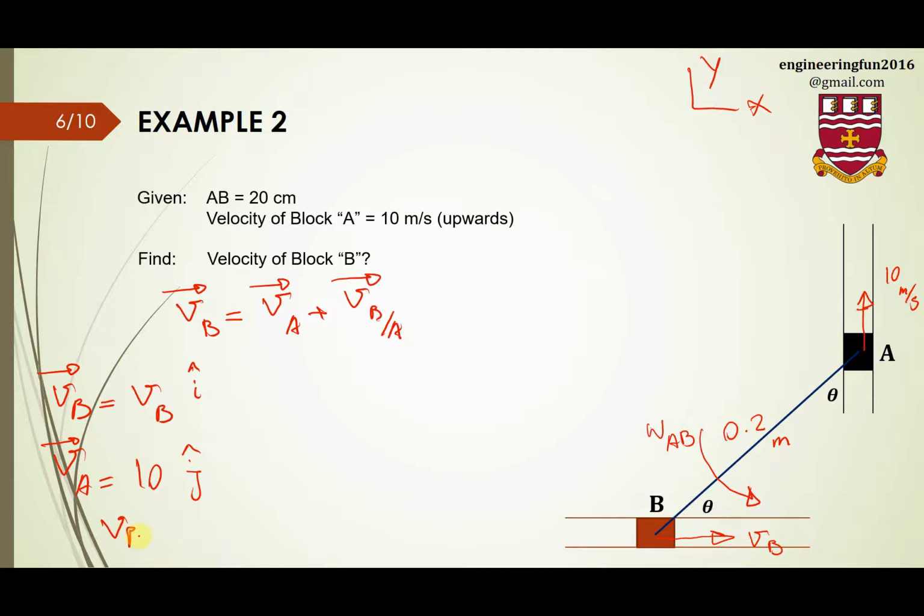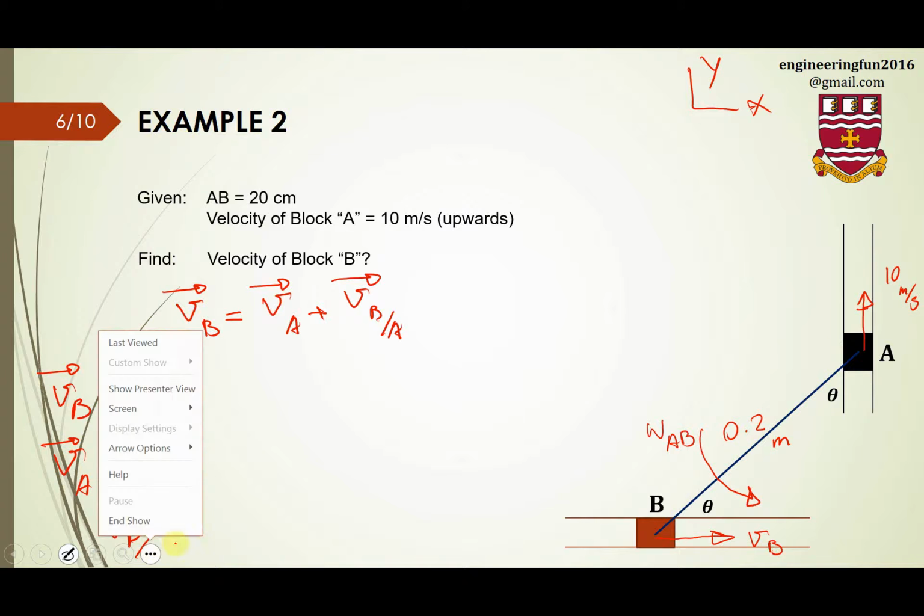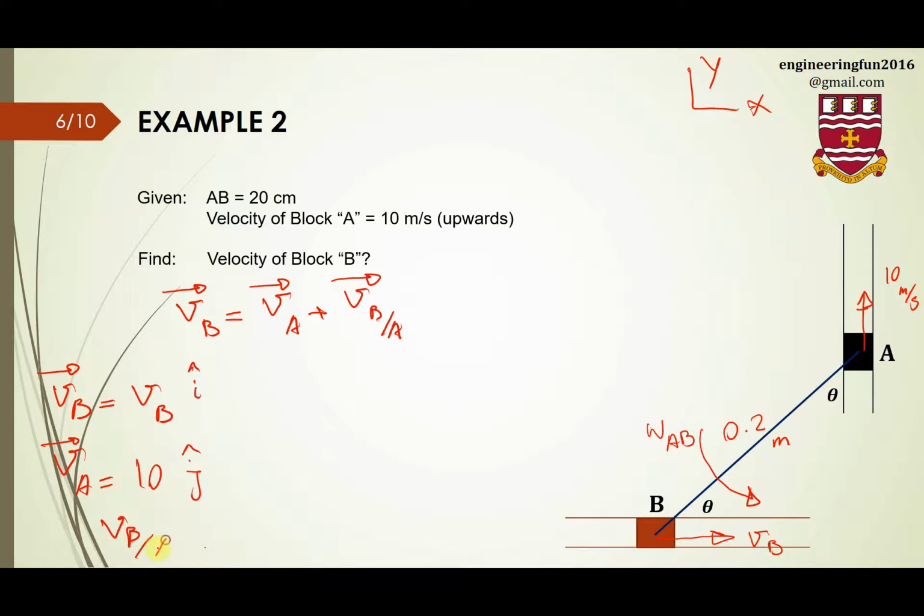Velocity of point B when point A is fixed is the velocity of point B with respect to A. So we fix this point and find this velocity. We said that the magnitude of this velocity is length times omega.